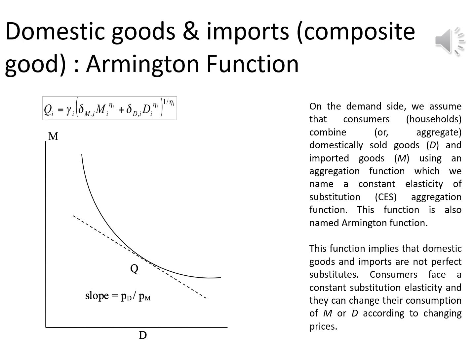If you look at the Armington function here, the mathematical formulation has a lot of terms actually. The one in brackets is, outside the brackets, multiplied by gamma I, which is the shift factor. Gamma is the shift factor, but M and D are import and domestic goods.